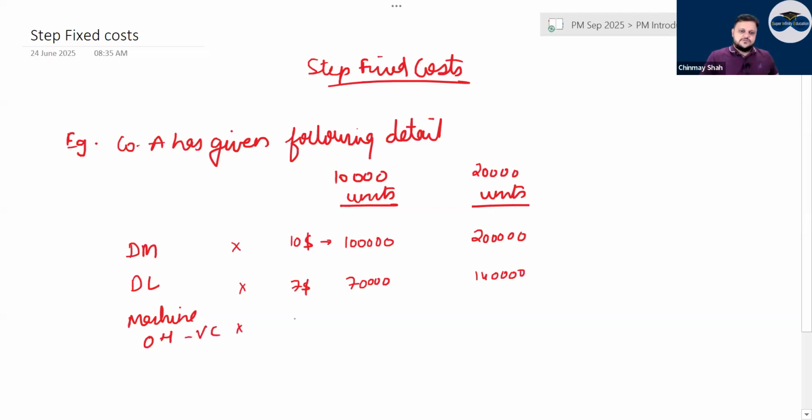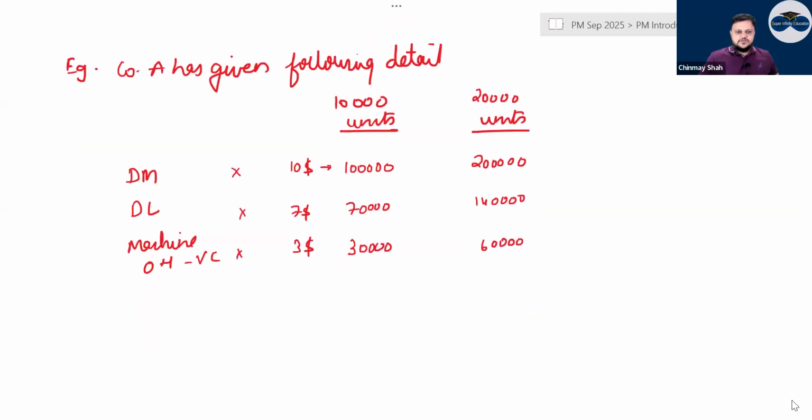Machine overhead, variable cost $3 per unit, 30,000, 60,000. Then machine overhead fixed cost $20,000, 20,000.